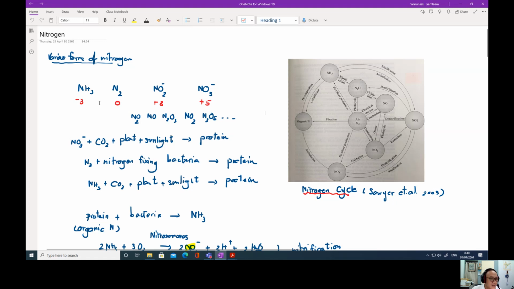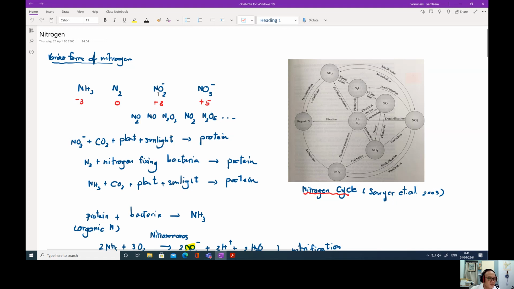If you take a look at the oxidation number, you will find the oxidation number of nitrogen in ammonia is -3. Hydrogen is +1, so there are 3 moles of hydrogen associated in the ammonia molecule, so that ammonia becomes -3. Nitrogen gas is a gas, of course, so the oxidation number is 0.